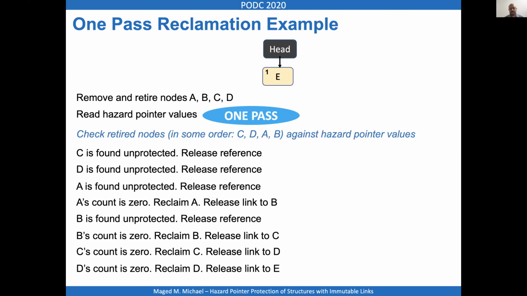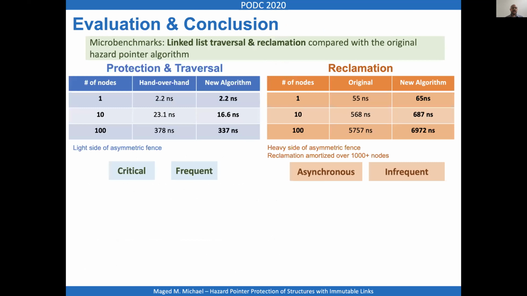I went through this quicker than the longer presentation of that example. Finally, in this evaluation on an x86 system, we can see that traversal and protection is very fast. It's really very trivial overhead compared to non-synchronized access.